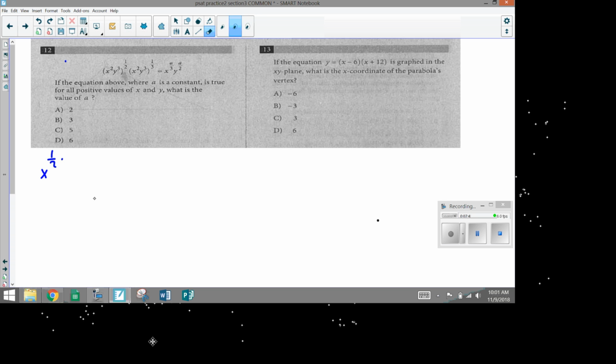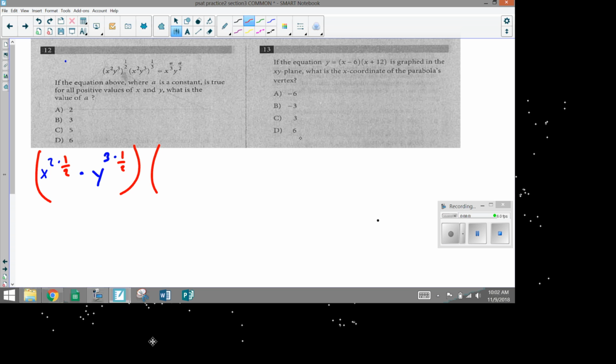I don't want to confuse anyone. x squared times 1 over 2, right? And times y to the power of 3 times 1 over 2. This is the first one.